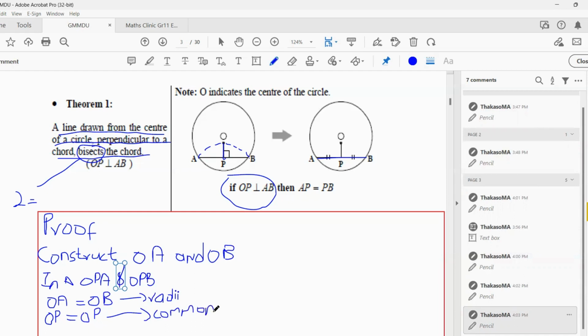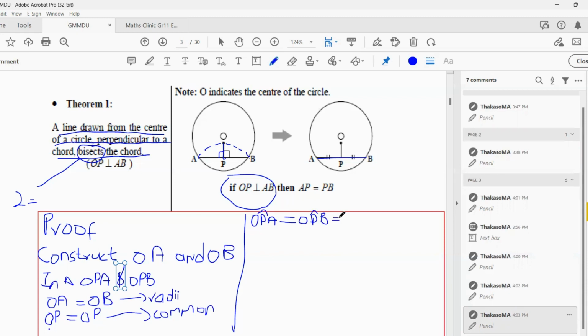Okay, and then what else do we notice? We also notice that angle, okay, let me just draw a line here so that we can go there. Angle OPA, this angle here is equals to angle OPB.